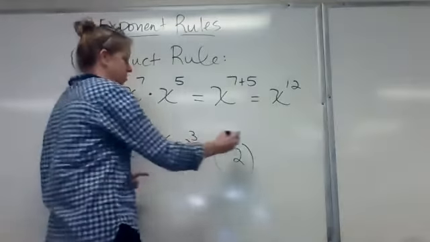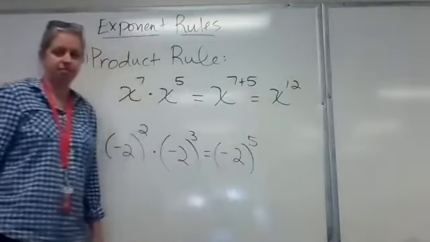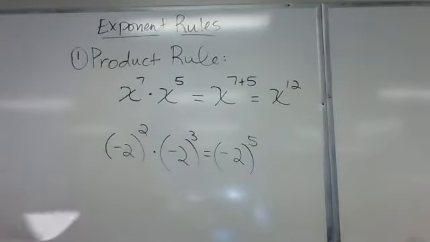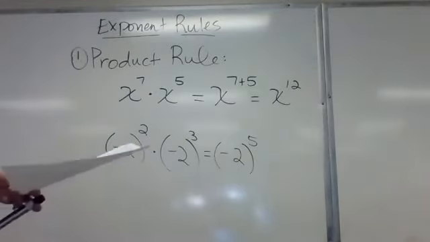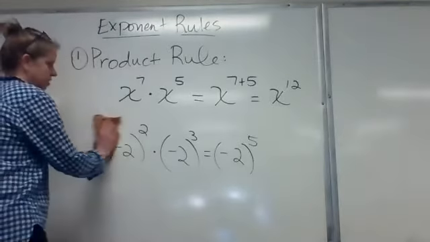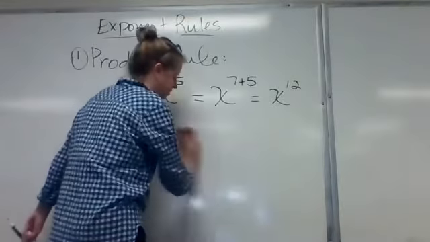Add their exponents, so -2 to the 5th. That's number 4. Number 5.